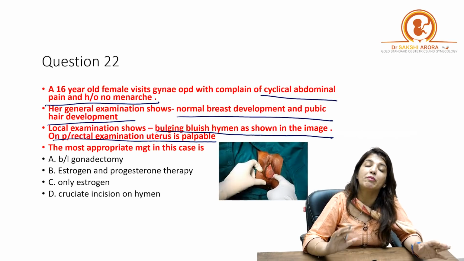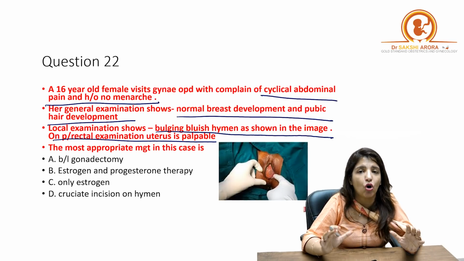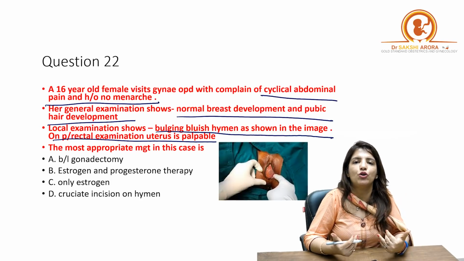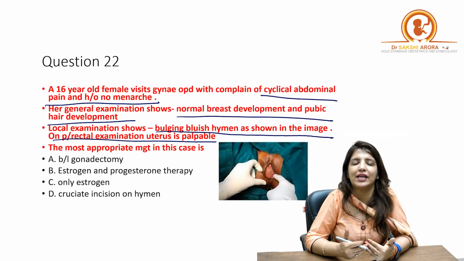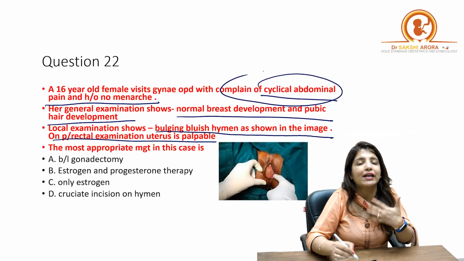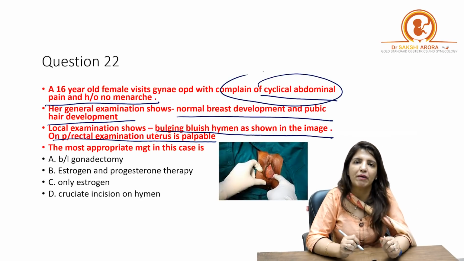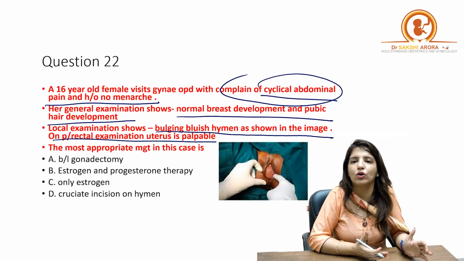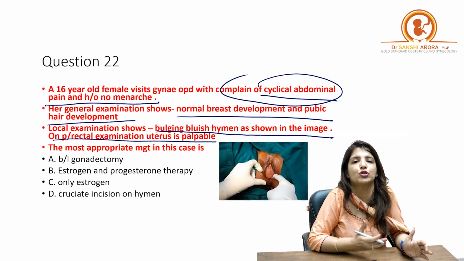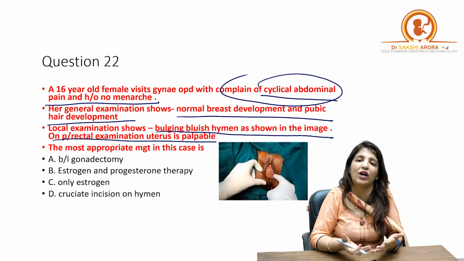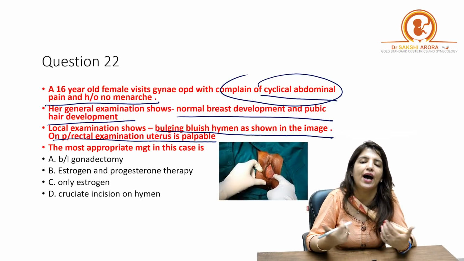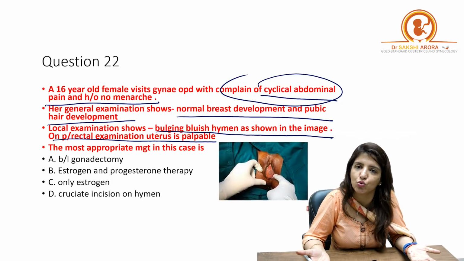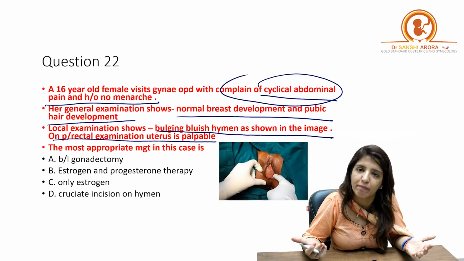Such females will be menstruating normally, but because there is no opening in the hymen, menstrual blood will not come out, and such females will say that they experience cyclical abdominal pain every month, but they do not have any periods. When you do a local examination, you will see a bluish bulging hymen because blood would have collected in the vagina and in the uterus. In the vagina, when blood collects, that is hematocolpos, and in the uterus, that is hematometra.